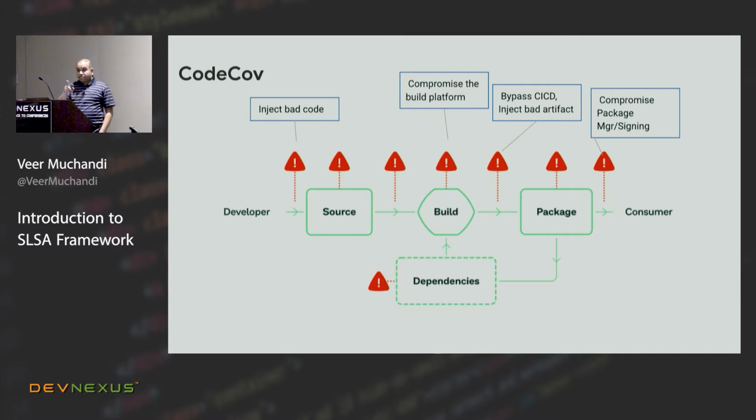It attacked many places in the software supply chain, injecting bad code, compromising the build platform, same as the other one, bypassing the CI/CD process, compromising the package manager and signing process so that bad code goes out to the customer to be used. These are different kinds of things that happen in the Codecov attack.